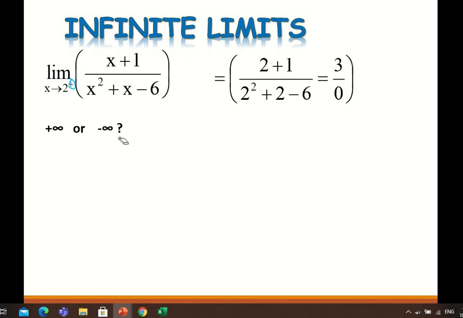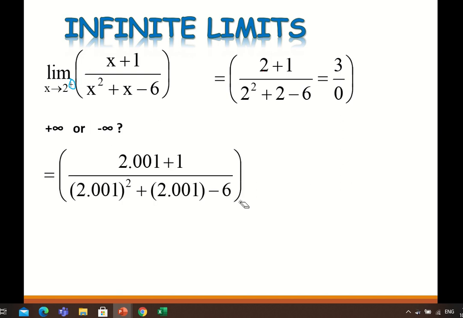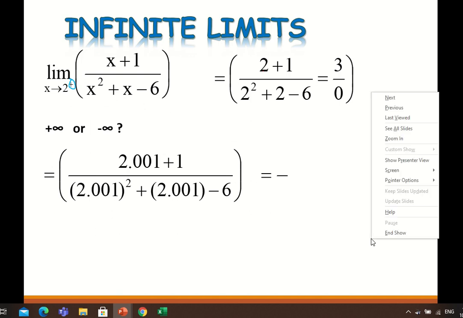So the question now is, is it positive or is it negative? So take note that coming from the right, this is plus. Coming from the right, it means you can assume values closer to 2.